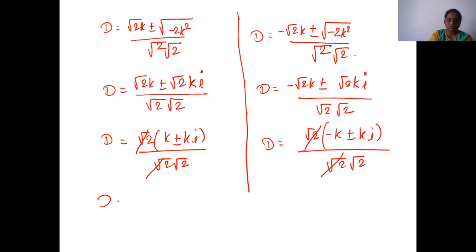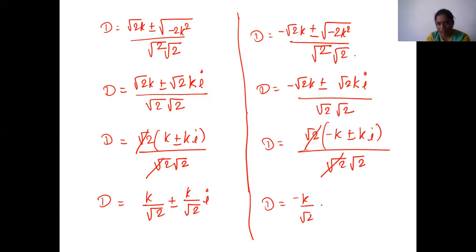So now there is k by root 2 plus minus k by root 2 i, and here D is minus k by root 2 plus minus k by root 2 i. These are the two roots. Are the roots correct now?